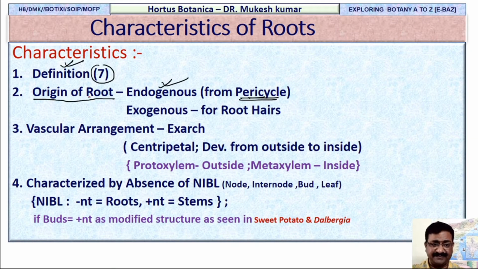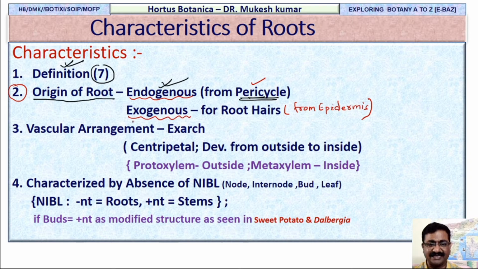It is clear that the origin of root is the pericycle, so it is endogenous. But root hairs come from the epidermal layer, so their origin is exogenous. Mind well.